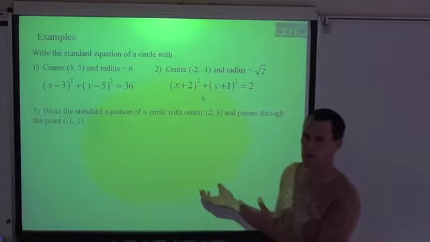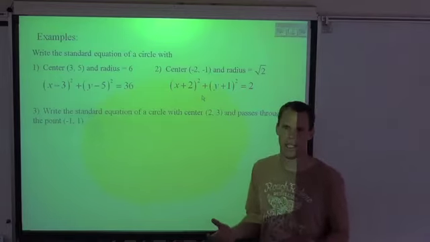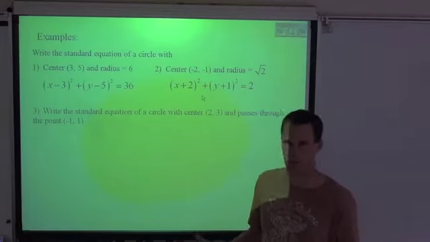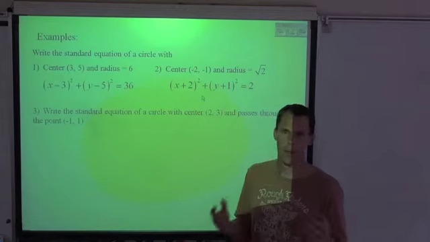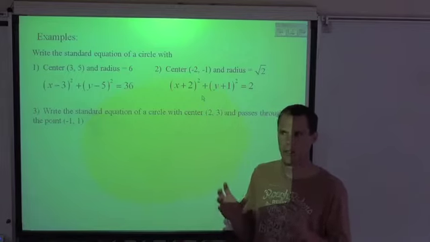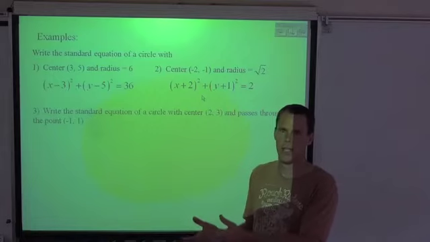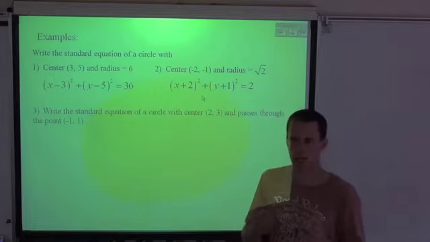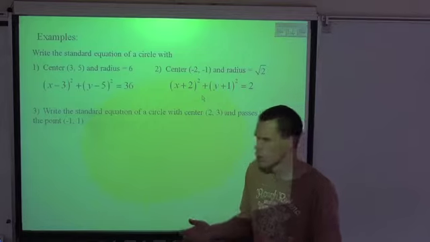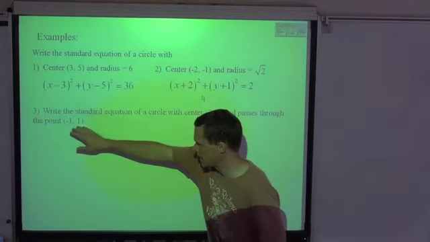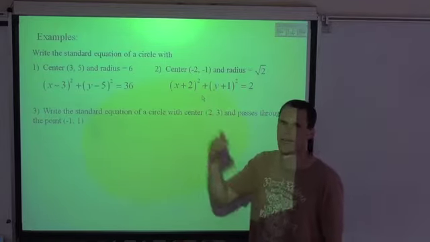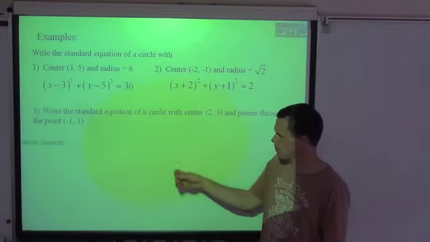Now, the technique I'm about to show here is similar to when finding linear equations y equals mx plus b. When you're given a point and a slope and you go find the b value, then you later rewrite the equation y equals mx plus b. We're going to use the point and the center to go find the radius.